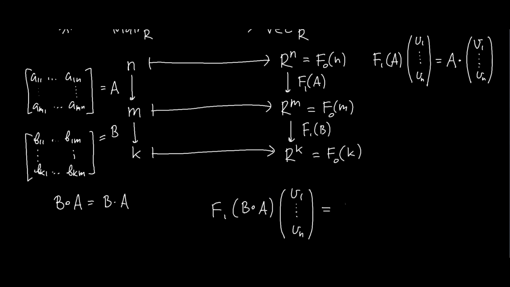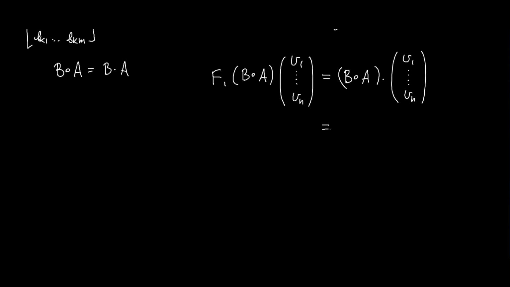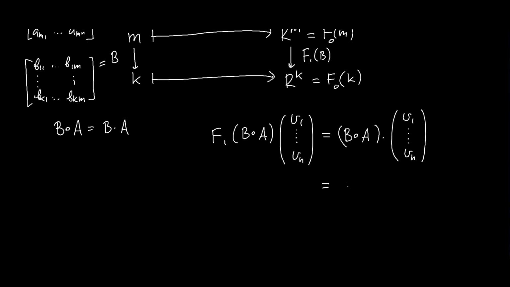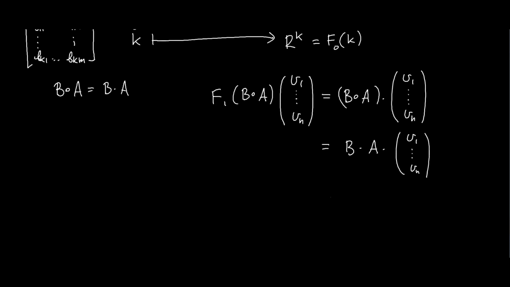It will multiply B composed with A as a matrix with that column. But remember what composition is. Composition of matrices is just multiplication of matrices. So we get this, and we know that multiplication of matrices is associative. So if we have brackets here, we can rearrange these brackets, so we can put brackets this way.